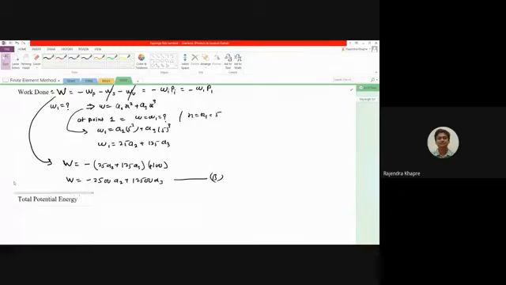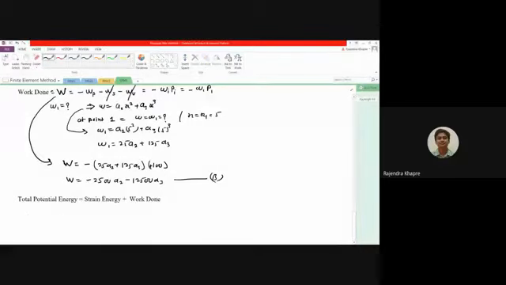So the total potential energy will be the sum of strain energy plus work done. He has rightly pointed out that this value should be negative. Fine.